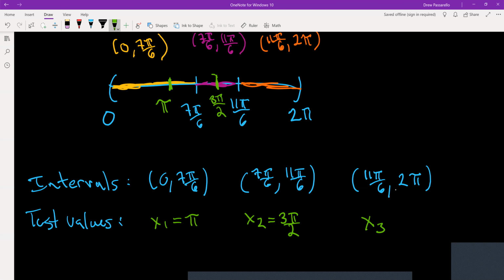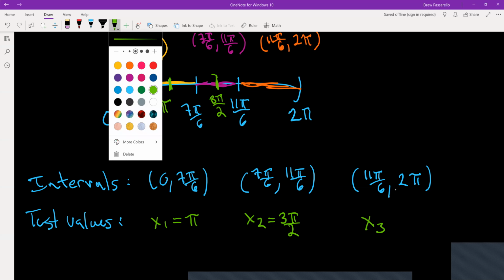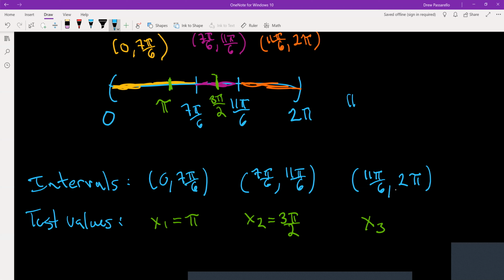So what I do is first determine, well, what's 11 pi over 6? So I plug that in the calculator. 11 pi over 6 is about 5.7596 if I were to round.